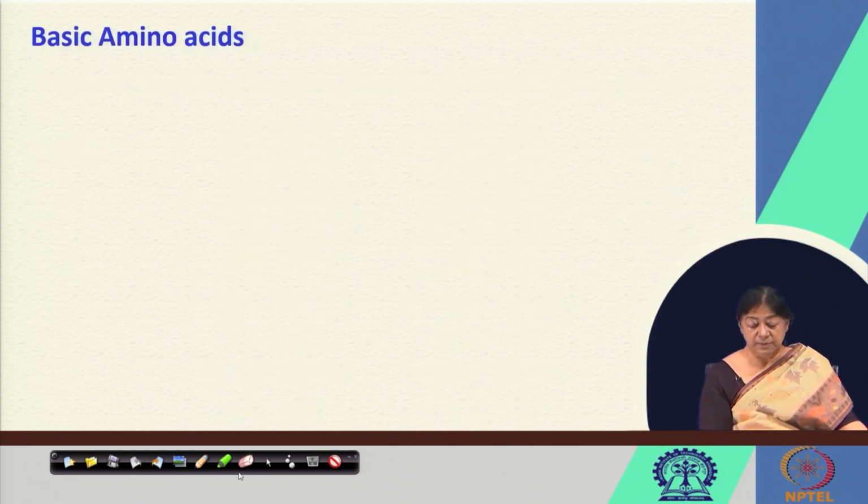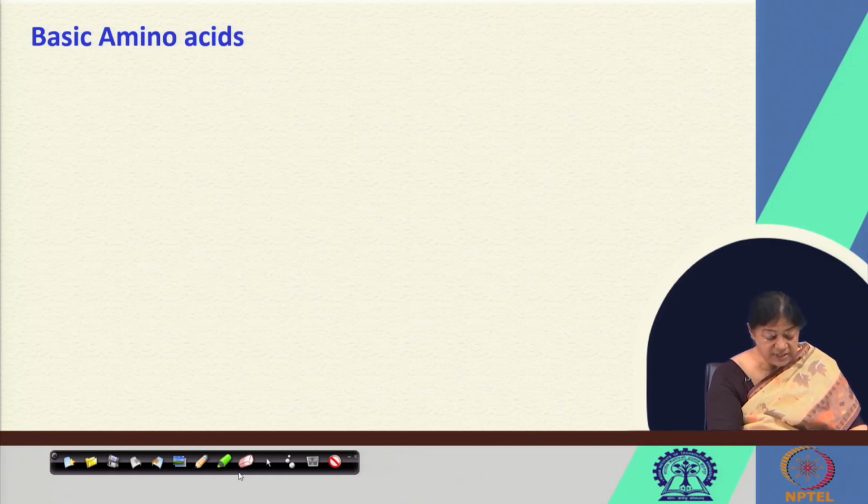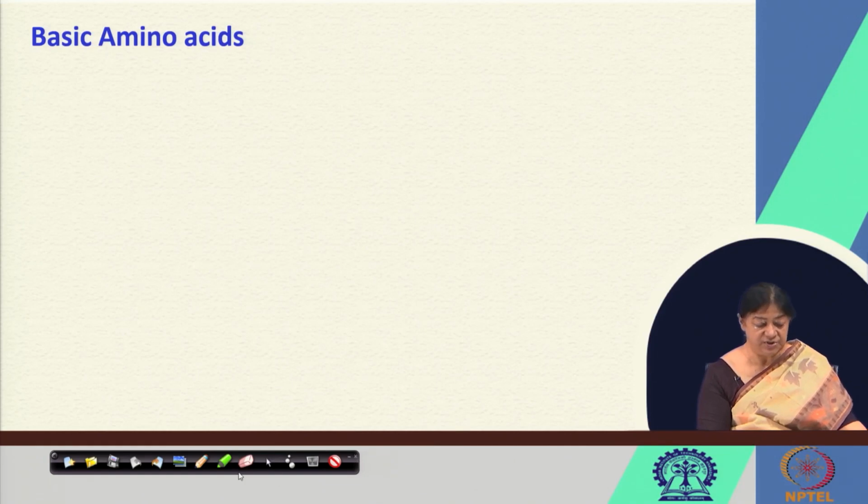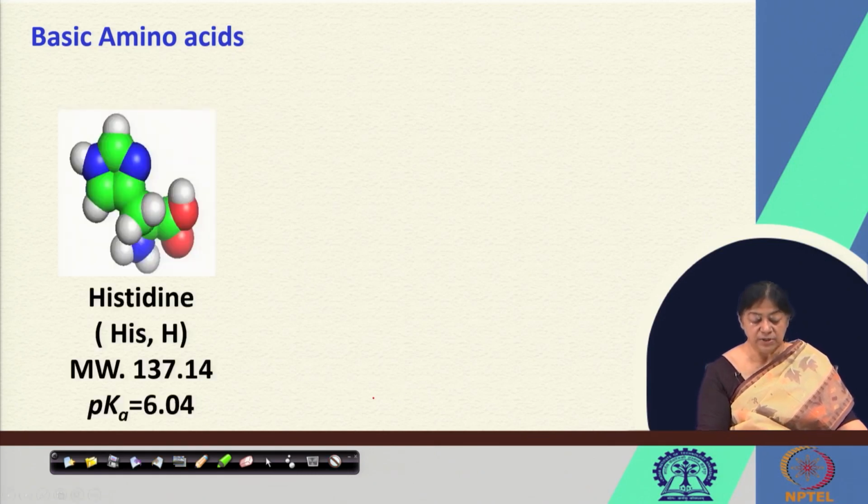Now, when we look at this particular set, we have to try and understand that this plays an important part. We look at the basic amino acid residues, and these are going to help us in trying to understand what we mean by the side chain residues. What are these side chain residues? These side chain residues are going to give us an additional nitrogen in them.